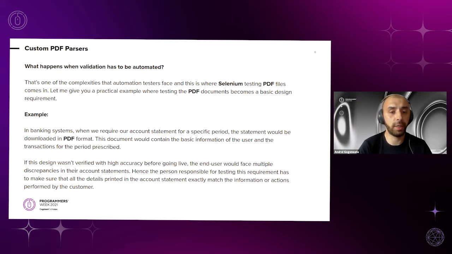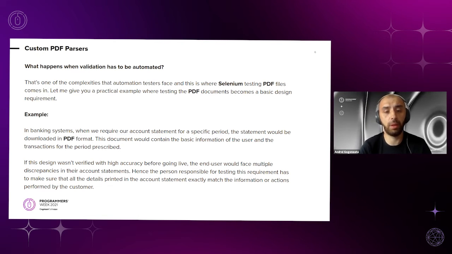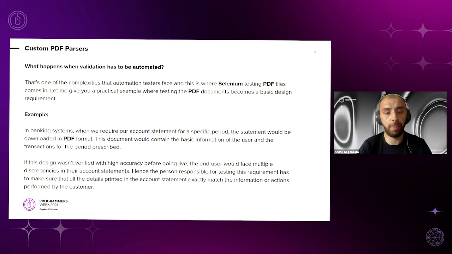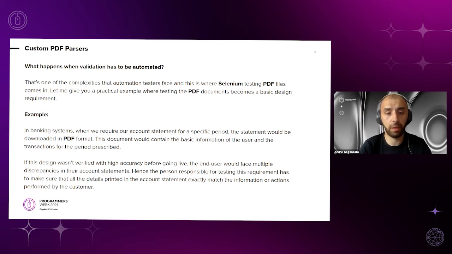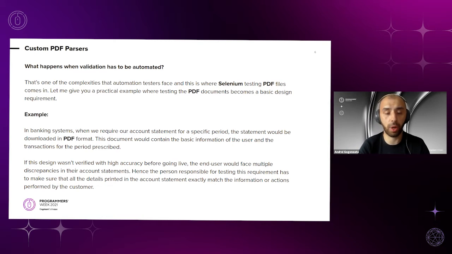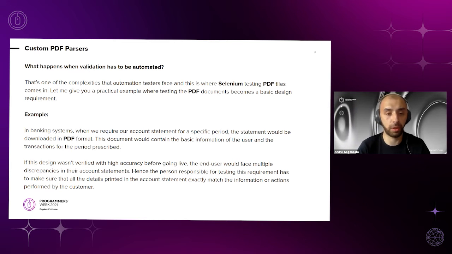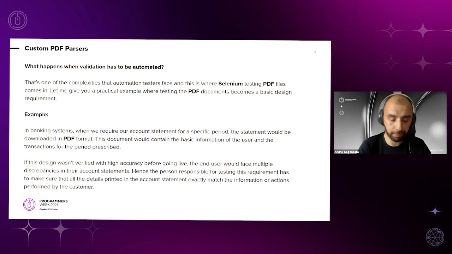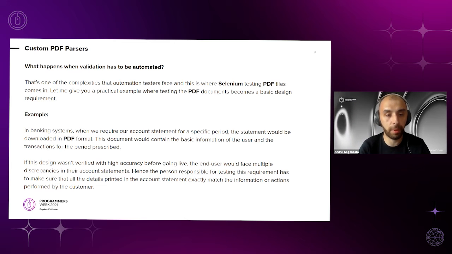As an example, in the banking system, if you request a bank statement of your account, you will get a PDF. This document will contain information related to your account, such as your name, address, and social security number, or in Romanian the CNP, a personal number.